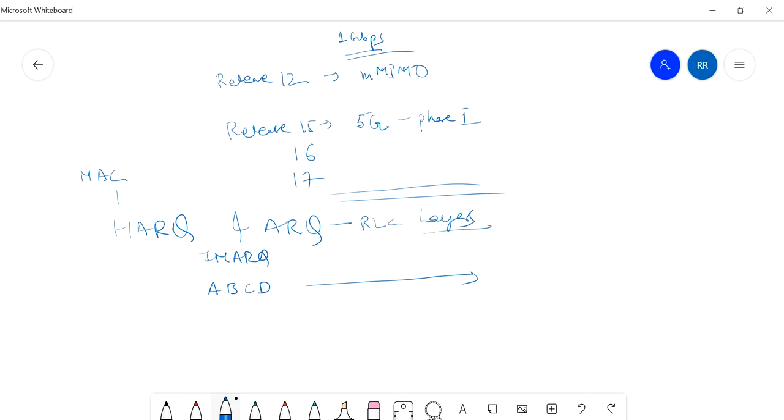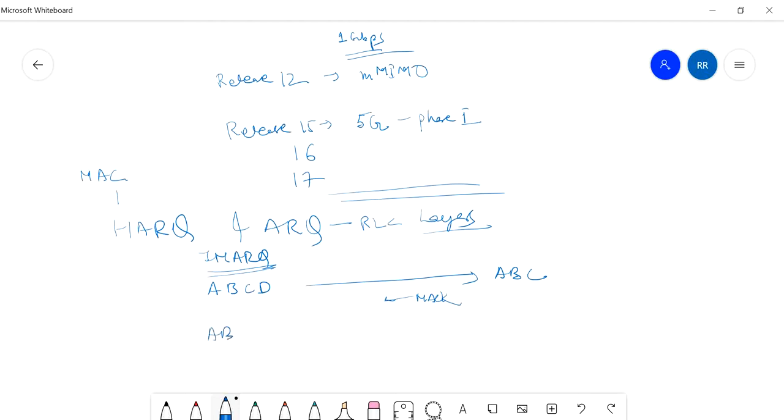If we transmit ABCD and only ABC is received, it will send a NACK. I am talking about how it happens in ARQ. If we are transmitting ABCD and receiving ABC, with D missing, it will send a NACK.